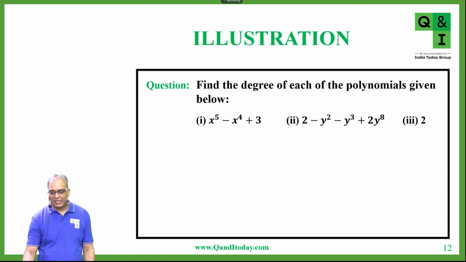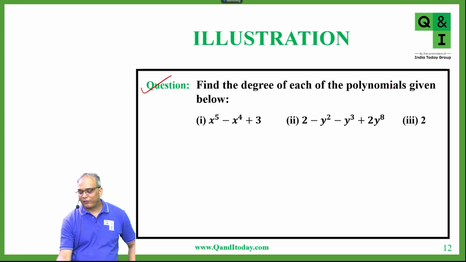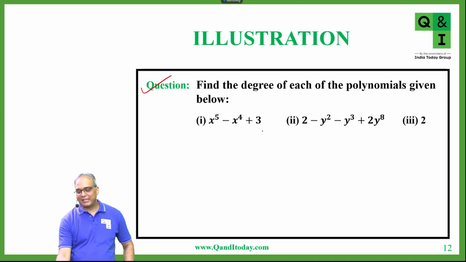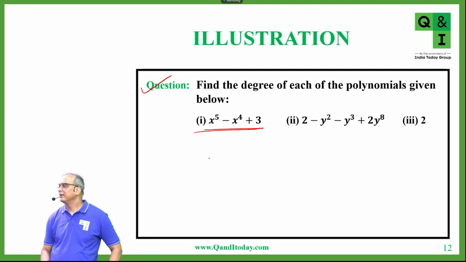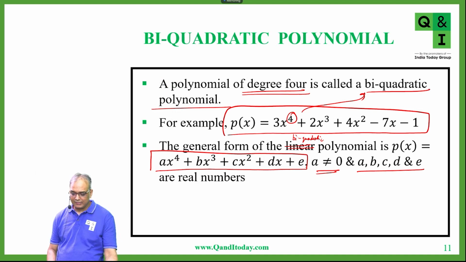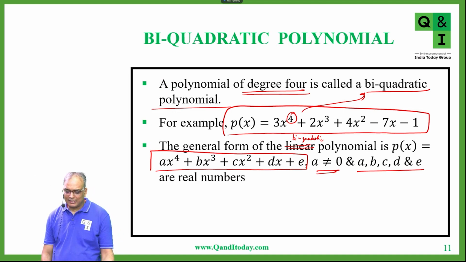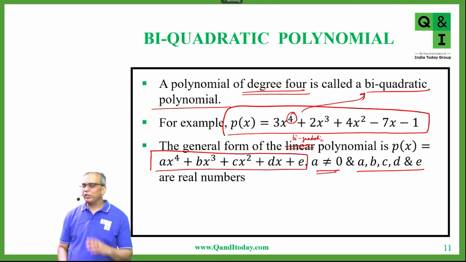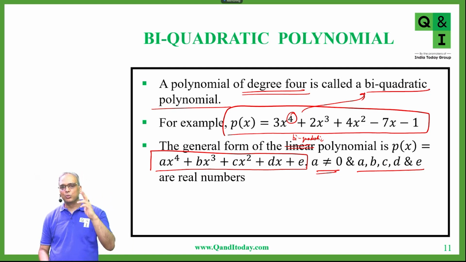Let's move to the next now. Yes, Anay, I will explain the third again. Biquadratic. Okay. So a polynomial of degree 4 is called biquadratic. Bi means 2, 2 times quadratic.